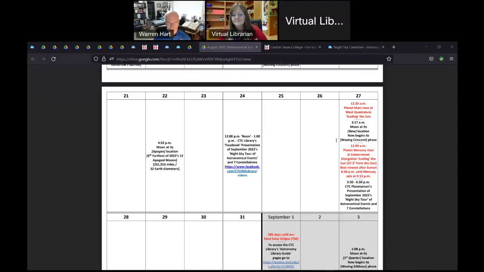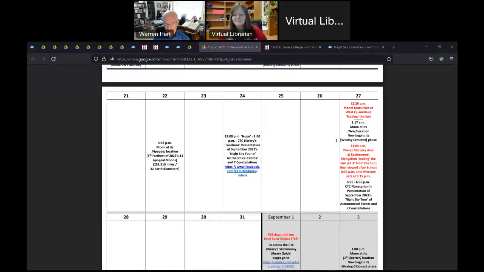When it gets at this angular distance from the sun, we are able to actually see it in the evening sky. Read on further down, it says it's best viewed after sunset, and sunset is at 8:30.